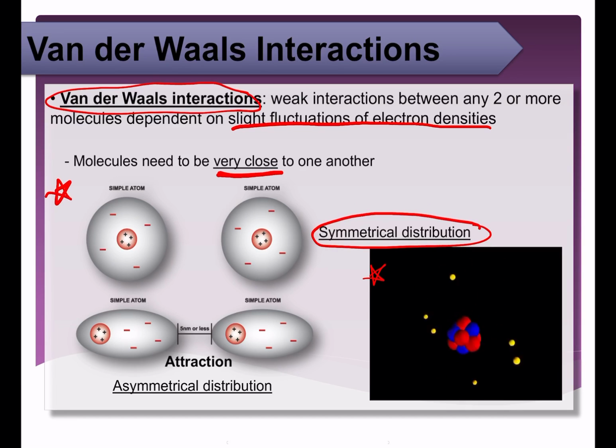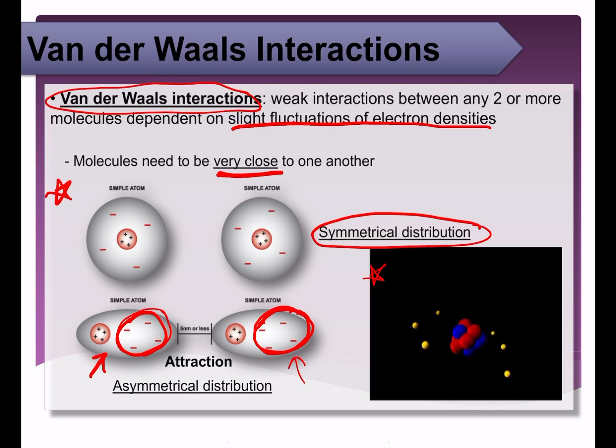And at a random point in time, all of those electrons can momentarily be on one particular side of the nucleus, like what is depicted here. Those electron clouds tend to be on this side in one moment in time, or on this side of the molecule at another point in time.